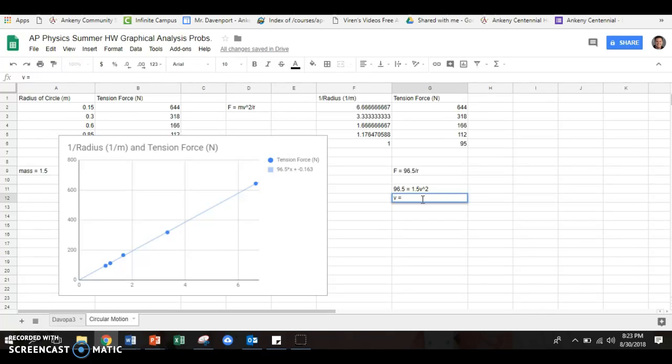And this is why you don't use iPhone calculators, friends. To the 0.5. It looks like we're looking at about 8 meters per second, and that's what we would get.